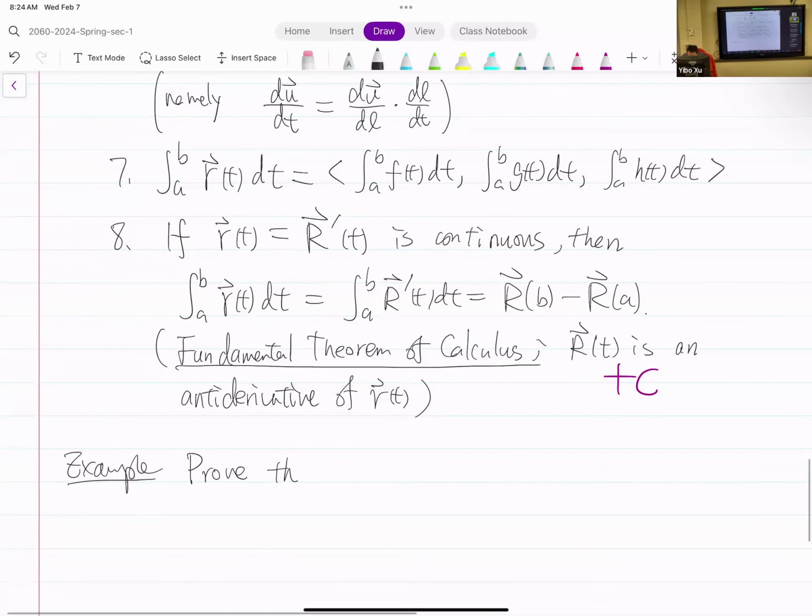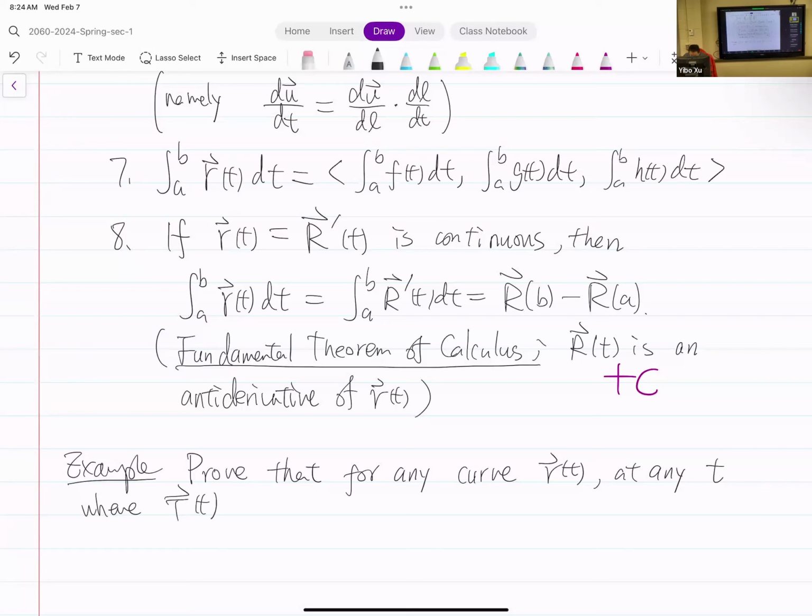So prove that for any vector function, any curve r of t, at any t where cap T, the unit tangent direction, and its derivative, cap T prime, are well defined.